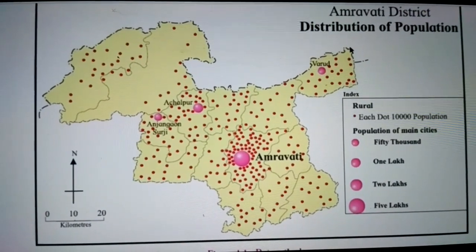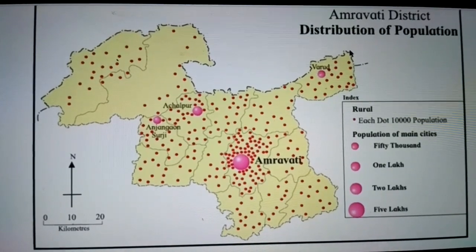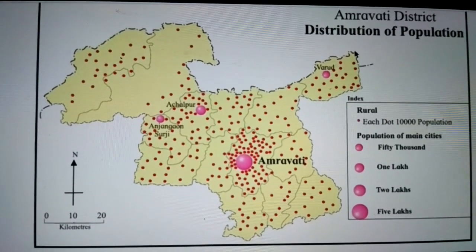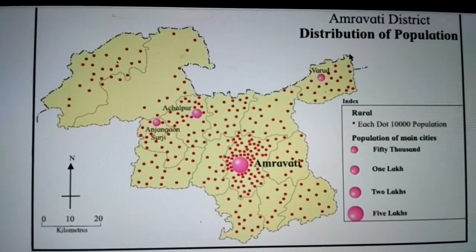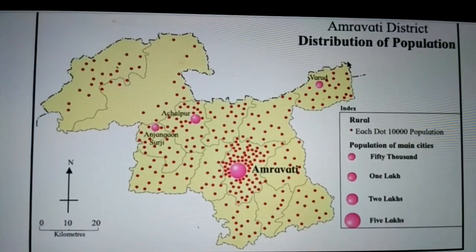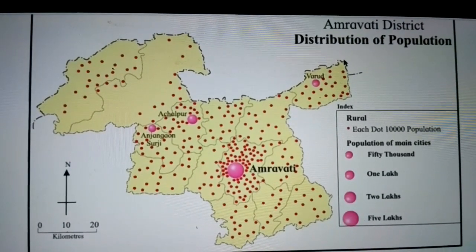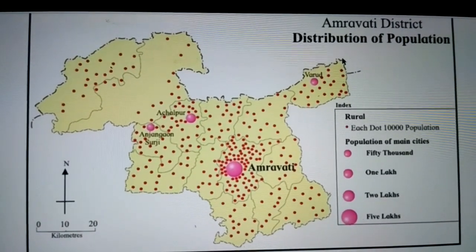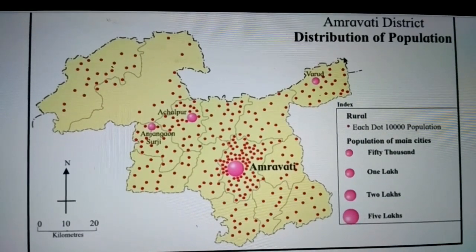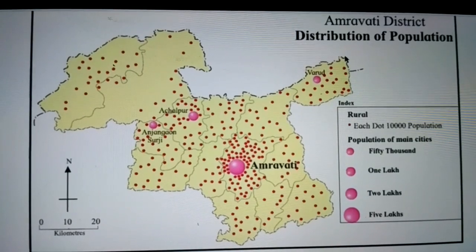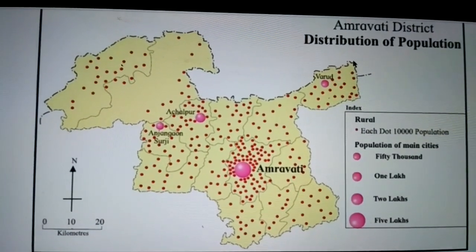My dear students, please observe figure 1.1, that is the Amravati district distribution of population map. Observe it properly, see the index, and then answer the following questions. Question number 1. What is the population of Amravati town?